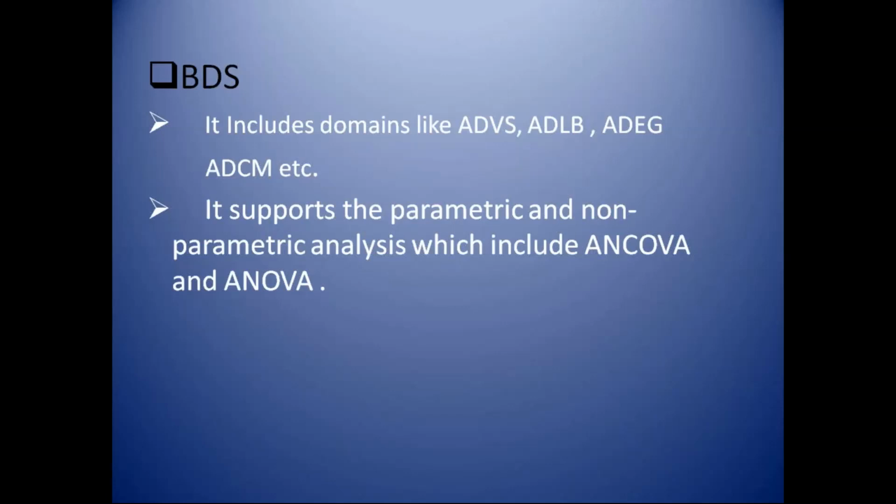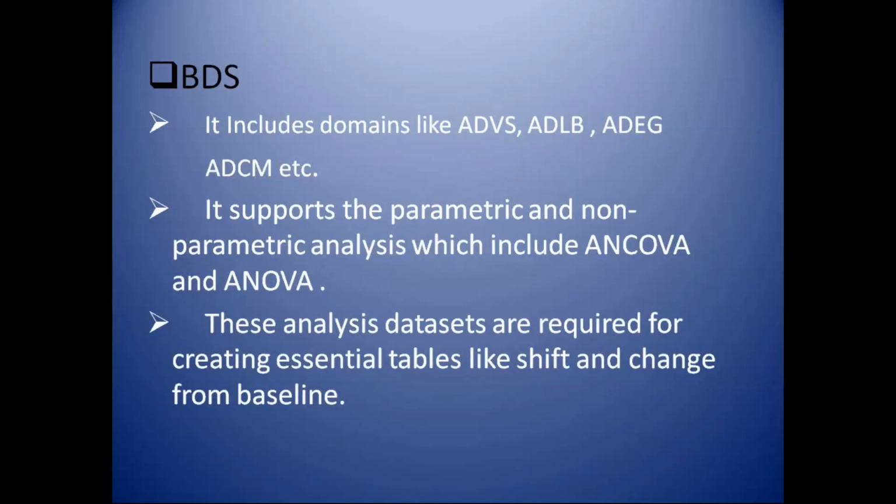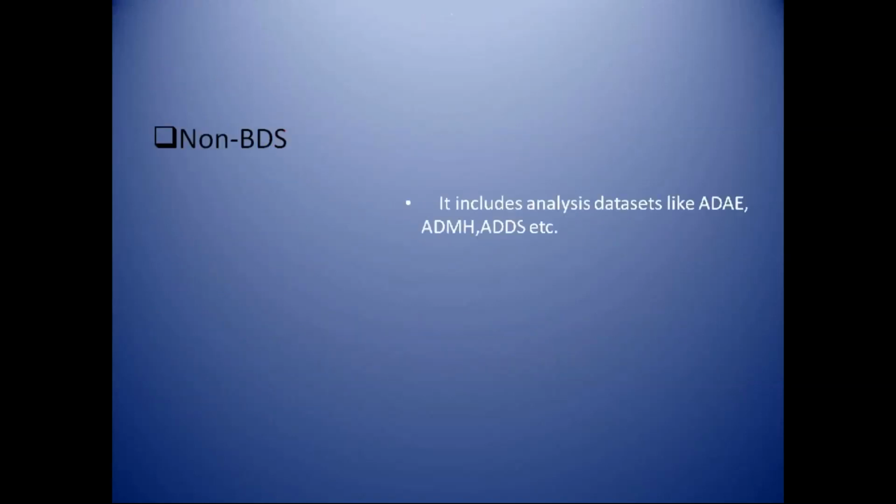It means you will be calculating the efficacy of the drug from this BDS structure. How is this BDS dataset going to help us? These analysis datasets are required for creating essential tables like shift tables and change from baseline tables. That is about the BDS structure. Now let's come to the next one, the non-BDS structure.